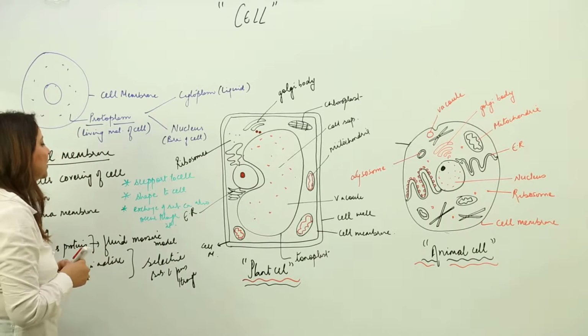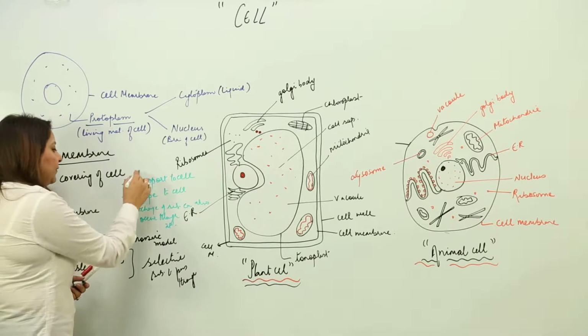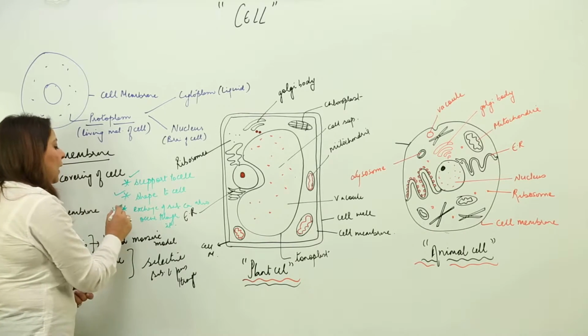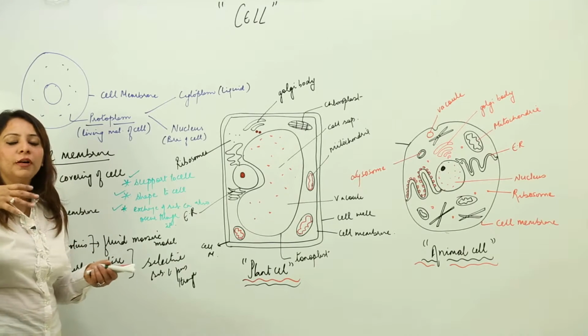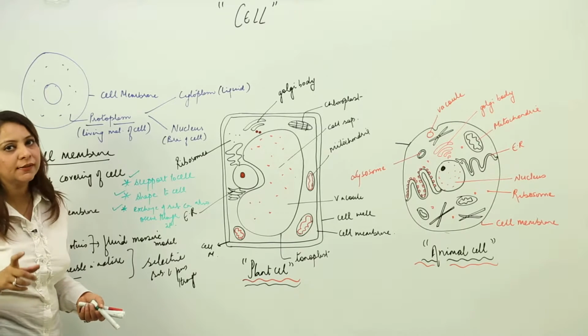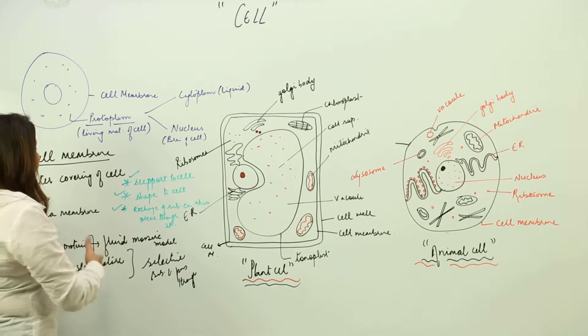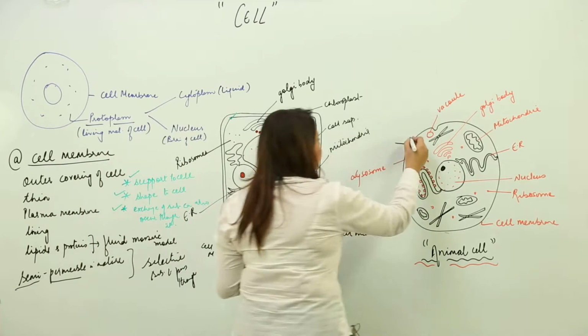So it is supportive, it provides shape, and it allows exchange of substances from the cell to outside and from outside to inside, but only selected substances can flow. This is the cell membrane.